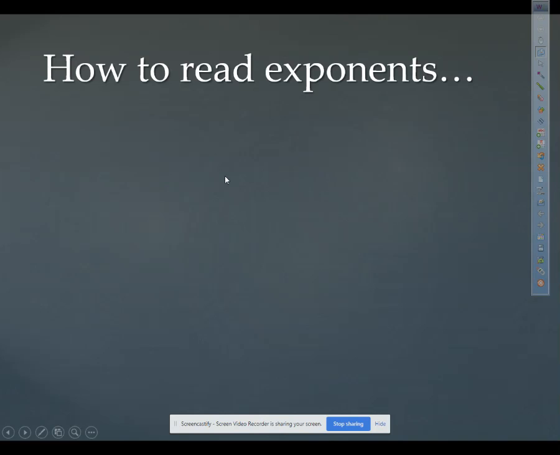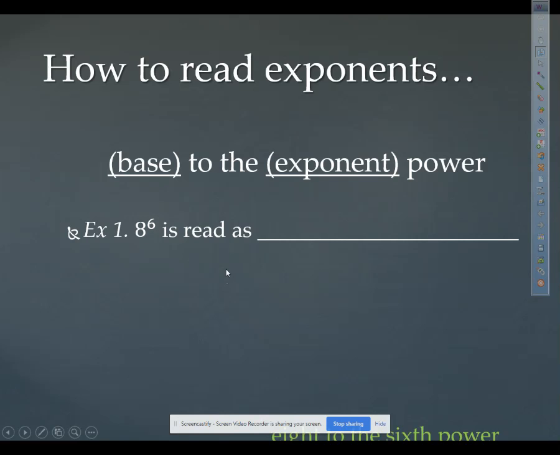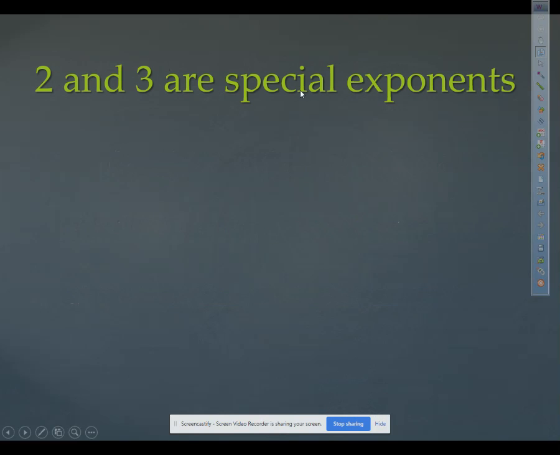So how to read exponents. Anytime you're reading exponents, you start with the base to the exponent power. So for example, 8 with an exponent of 6 is read as 8 to the 6th power. 9 with an exponent of 4 would be read as 9 to the 4th power. 2 and 3 are special exponents.